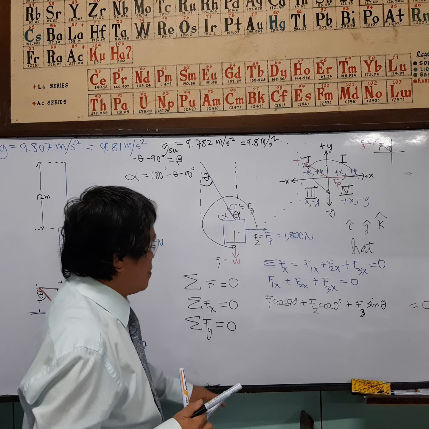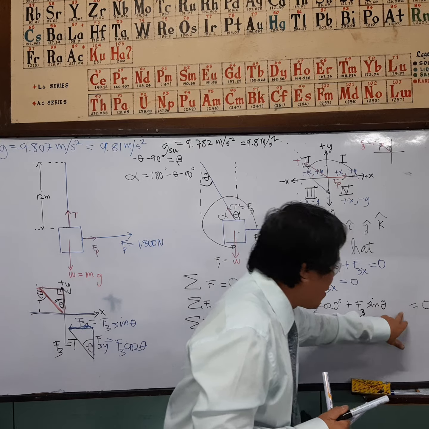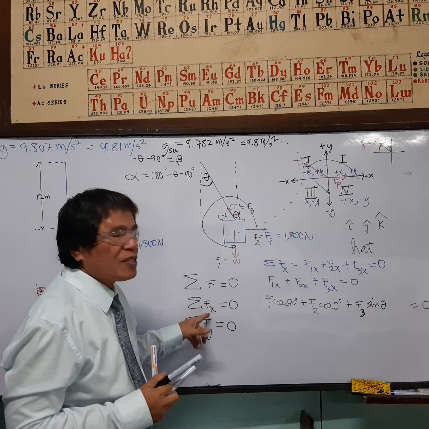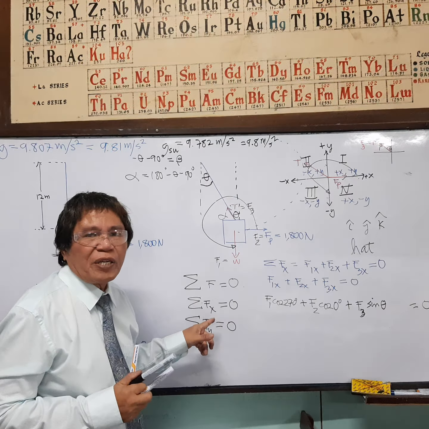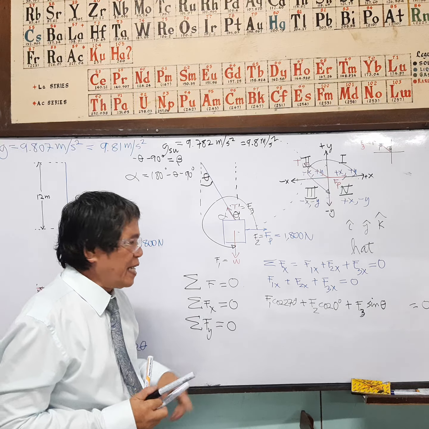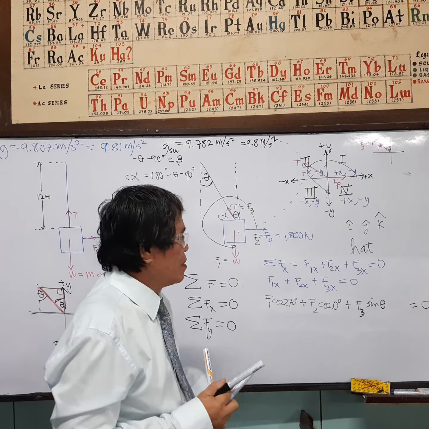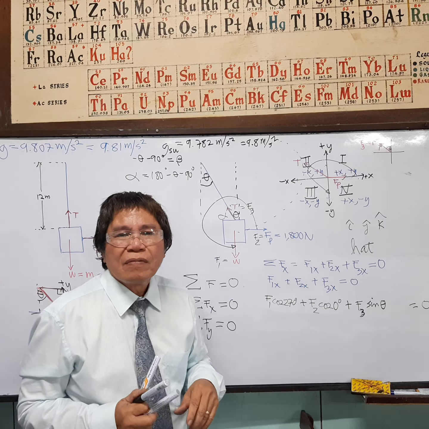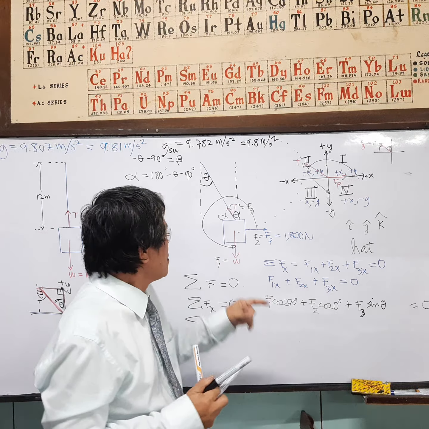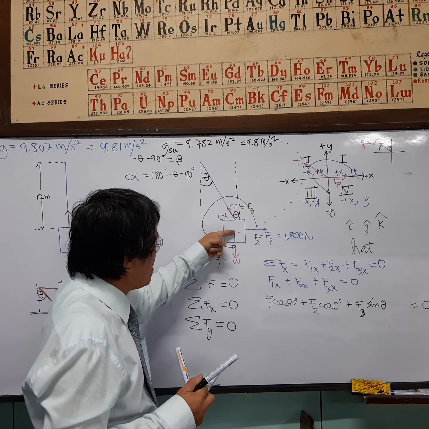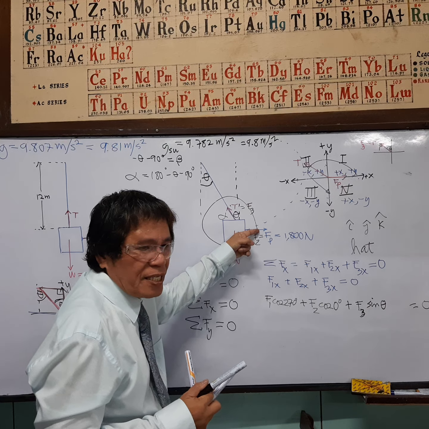Now, you have this one equals 0. Why 0? Because of the assumption that there is equilibrium, at a certain angle where linear motion is maintained. Linear, stop!